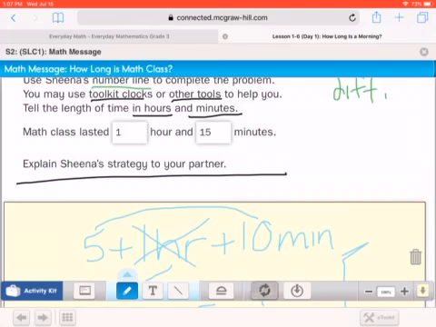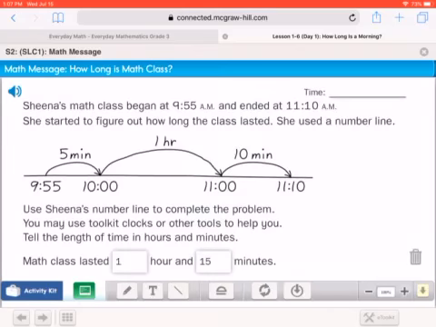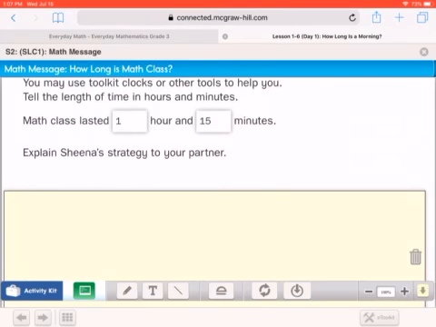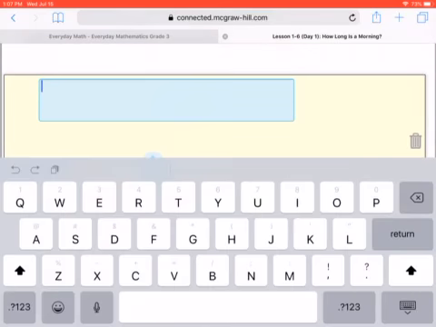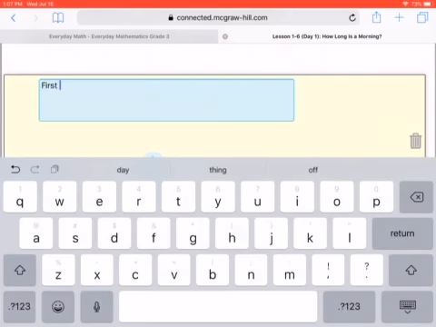Okay? So I'm going to clear some of this writing and we're going to talk about what you need to write. Okay? Again, just like yesterday, I need you writing in complete sentences. And it may not seem like a big deal, but it really will help me understand what you're saying. Okay? So when you're doing this, you can either type on this screen, okay, or you can write it, but you're going to start with first, Sheena did something.